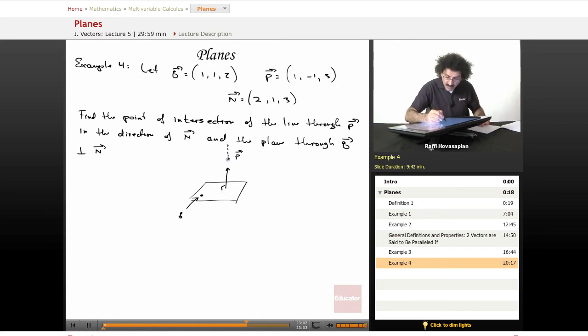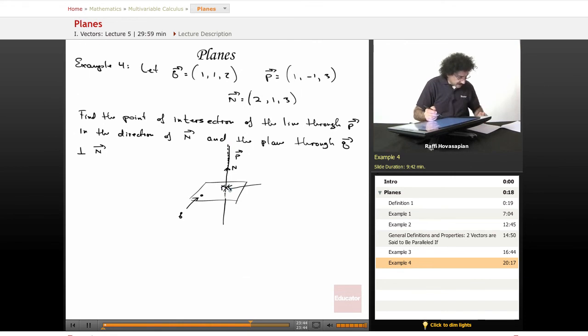This line that passes through P is in the direction of N, and we'll call this vector N. N can actually be anywhere, it doesn't really matter. I just happen to put it right on top of the line. So the line passes through P in the direction of N, and the plane passes through Q perpendicular to N. What we're looking for is this point right here, this point of intersection, this X. Where does the line actually cross that plane?